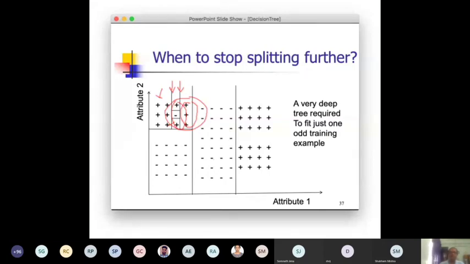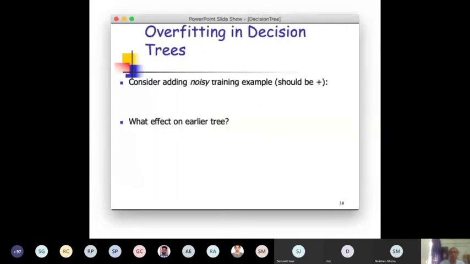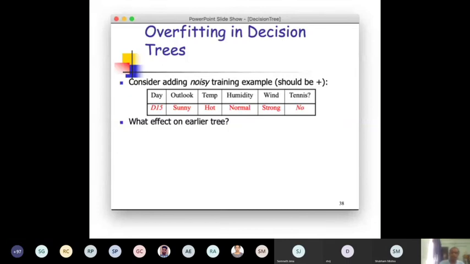But as you understand, in reality, if it is a noisy sample, then it may introduce quite a bit of error. So these are the things that come from adding noisy training examples. Another example we are showing here.